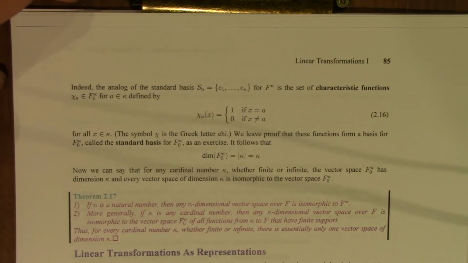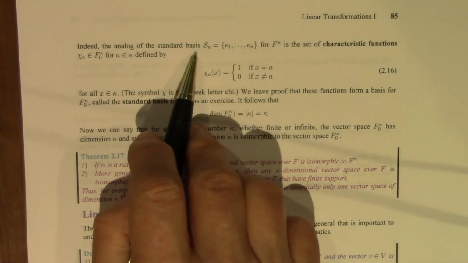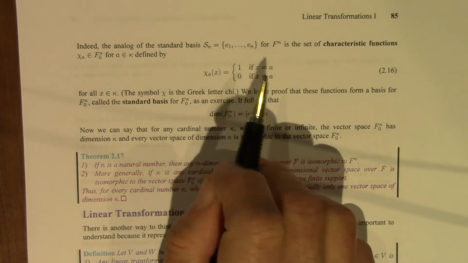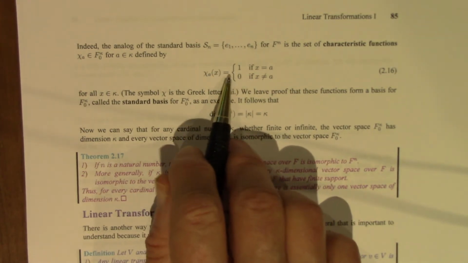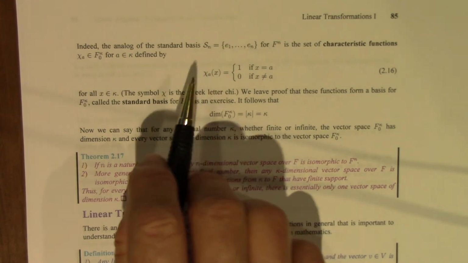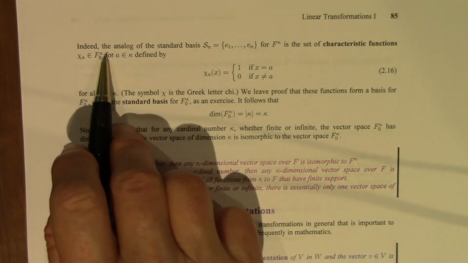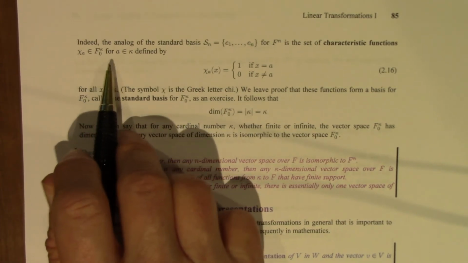In fact, the standard basis for F^kappa_0 consists of the characteristic functions. And these are maps from kappa to F. Kappa is a cardinal, but don't let that upset you.